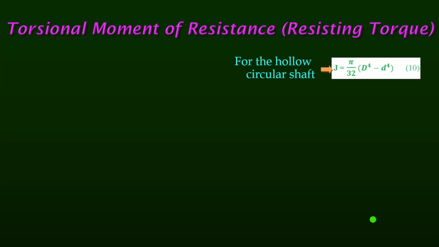Now it is the torsional moment of resistance, or resisting torque. Actually, whatever torque equation we have derived, it is not the applied torque. Rather, if you apply a torque, how much torque a shaft can withstand without failure, that idea we can have from this torque equation.